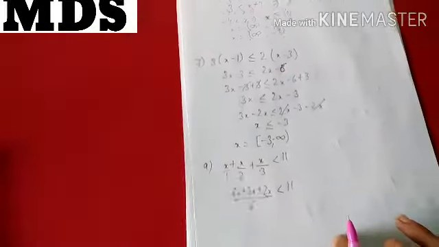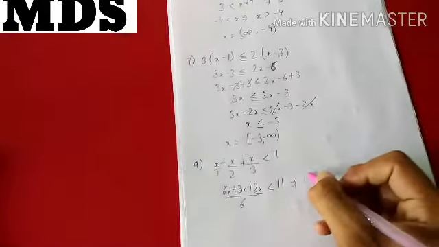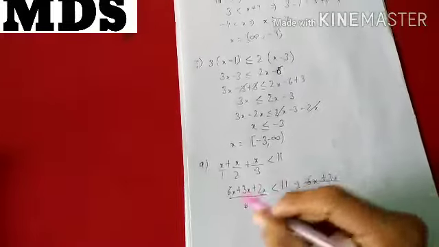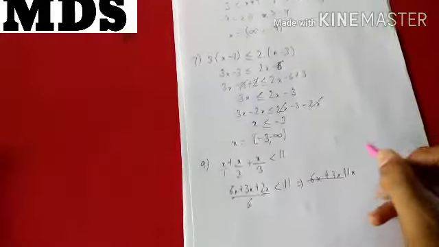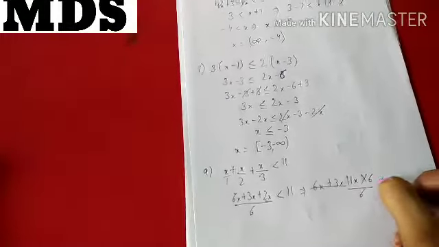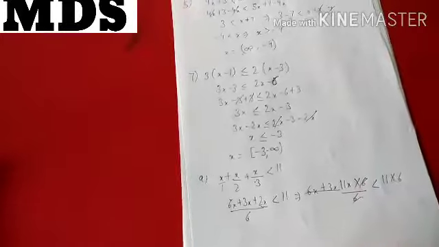less than 11. Now we can multiply with 6 both sides. So we will get 6x plus 3x, or we can add this. What will be this? It will be 11x. 11x into 6 by 6 less than 11 into 6. This 6 will cancel it.